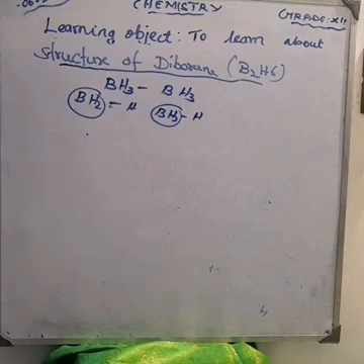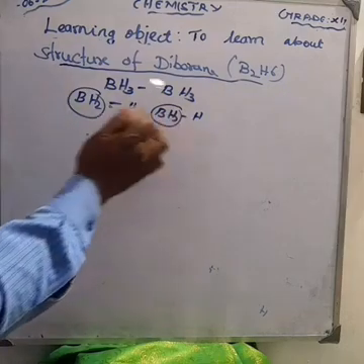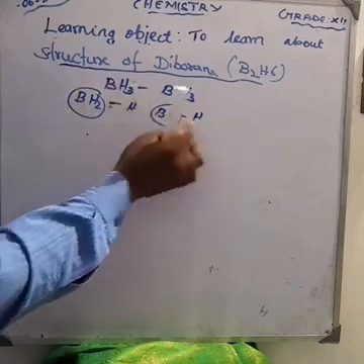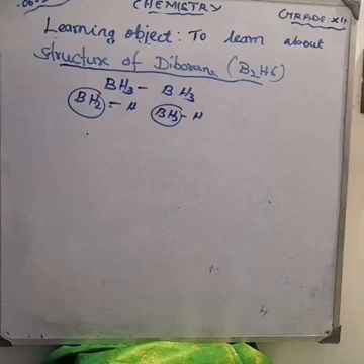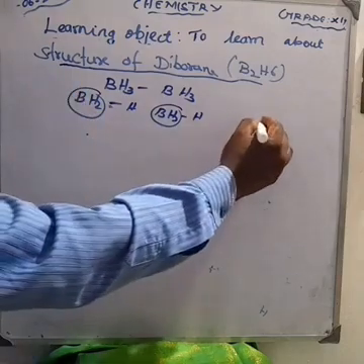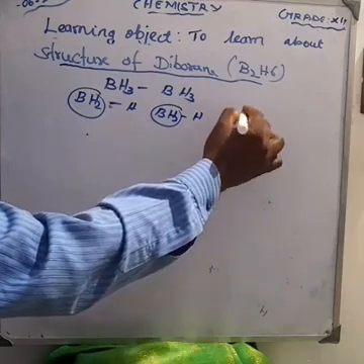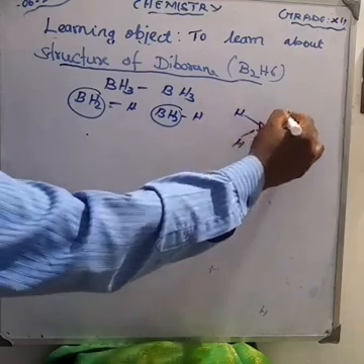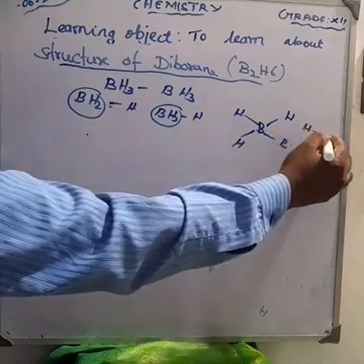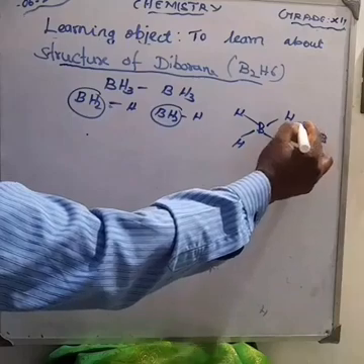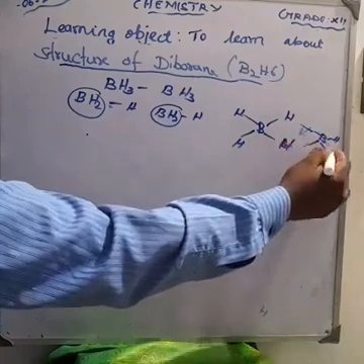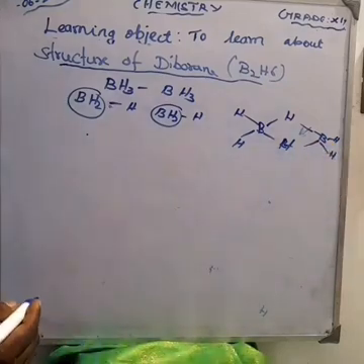When you look at the diagram, you can understand. These 2 BH2 units are linked by 2 bridged hydrogen atoms. Therefore, it has 8 BH bonds. Just compare: boron, hydrogen, hydrogen, hydrogen, hydrogen, boron, hydrogen, hydrogen, hydrogen, hydrogen.